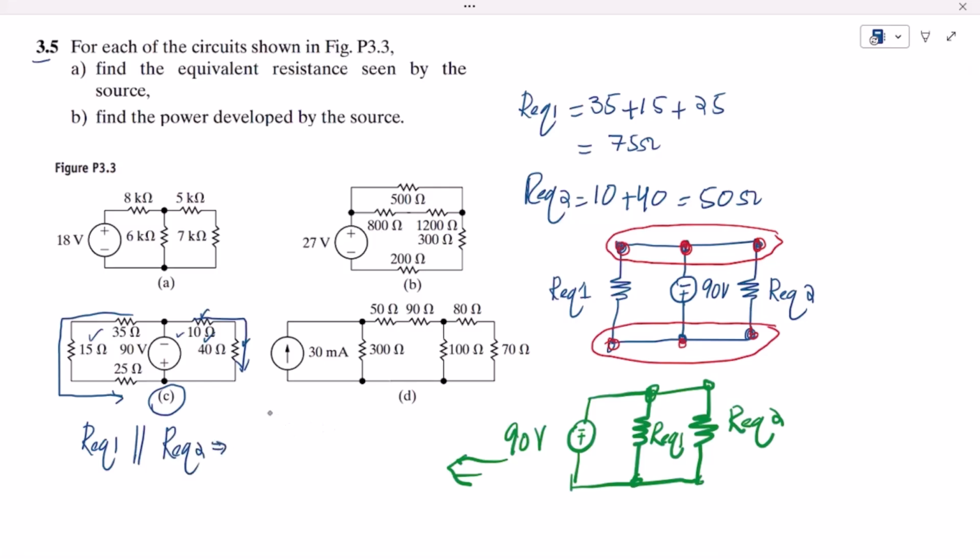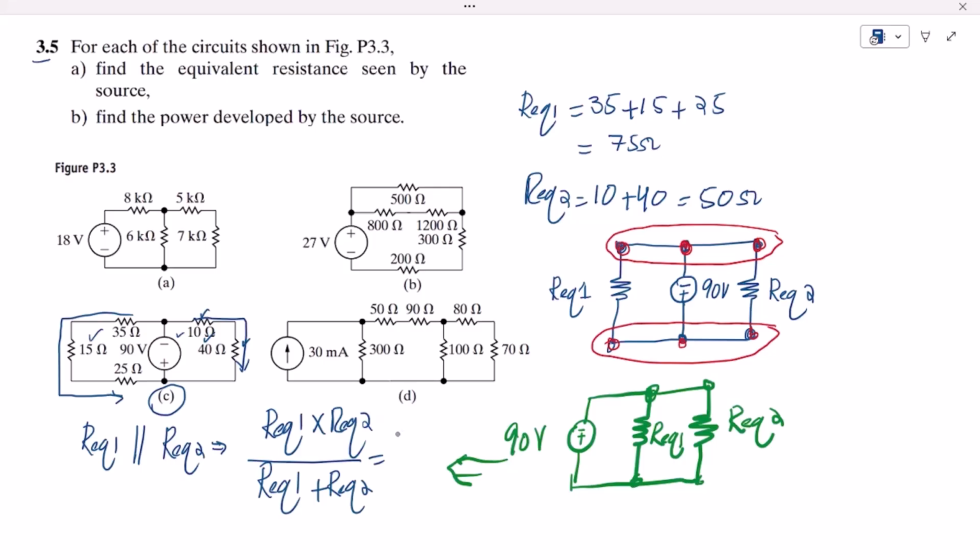So the equivalent resistance of it will be R equivalent 1 multiplied by R equivalent 2 divided by R equivalent 1 plus R equivalent 2. Let me put their values.